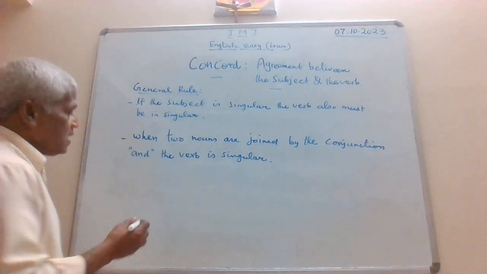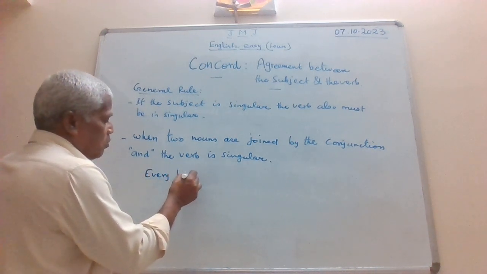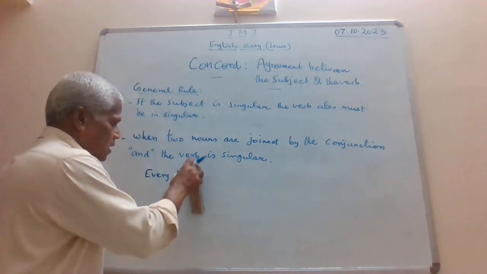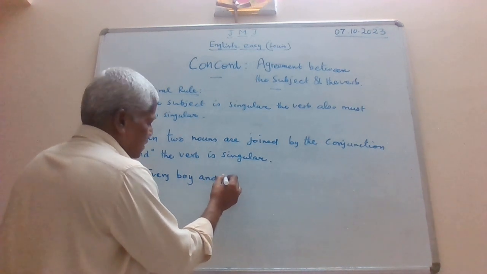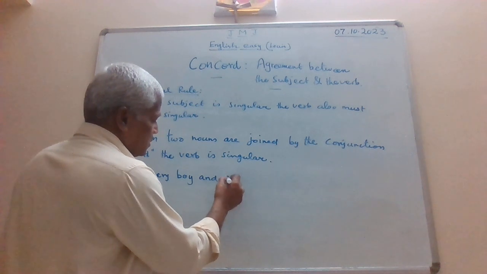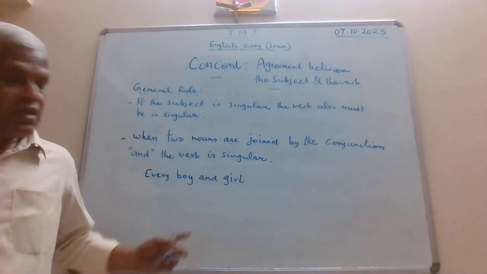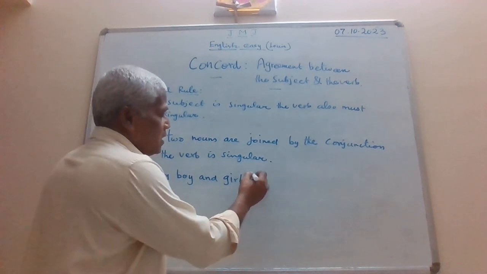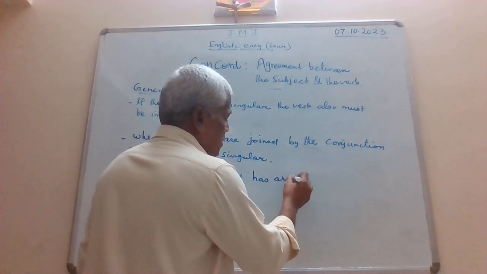Now let me write an example here. Every boy and girl. See, singular nouns, but combined or joined by the conjunction and. Every boy and girl has assignments to submit.